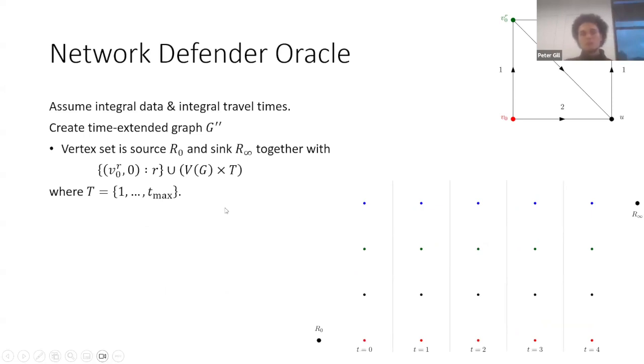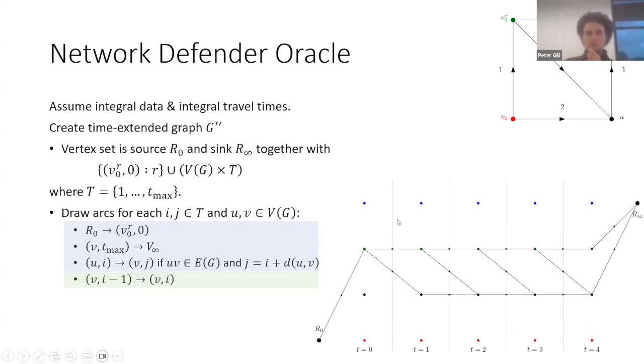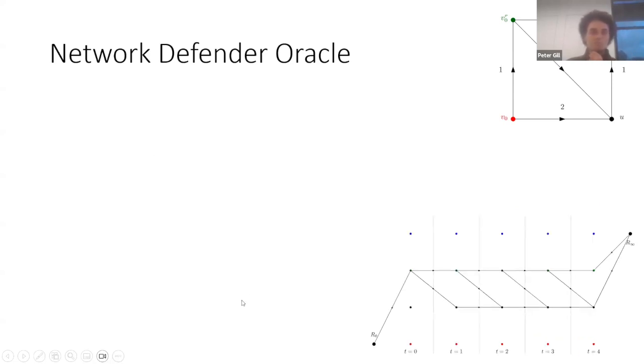Defender oracle is very similar. I create a time expanded network like the following. I draw edges like so, and once again, blue makes sure it's feasible. Green makes sure that the probability of interdiction is computed correctly.